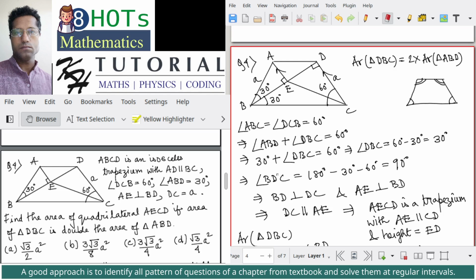Isosceles trapezium. So these two are parallel. Triangle ABD.